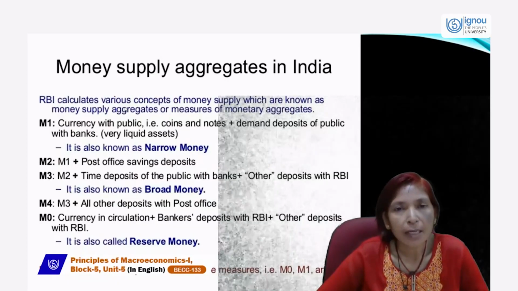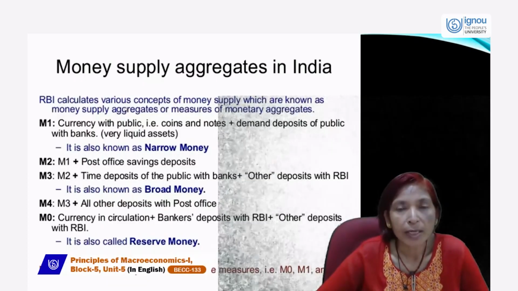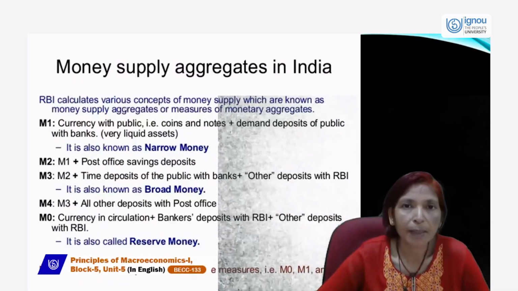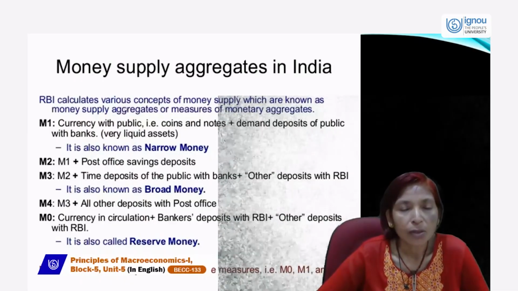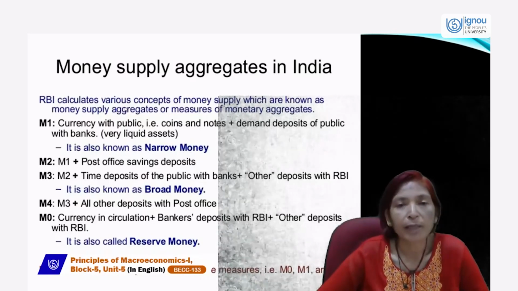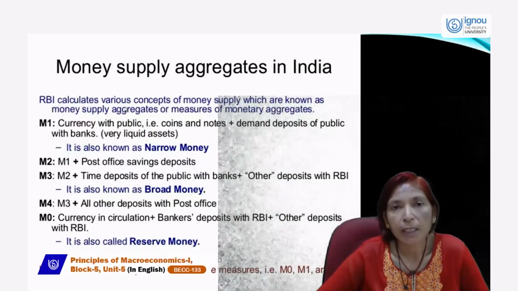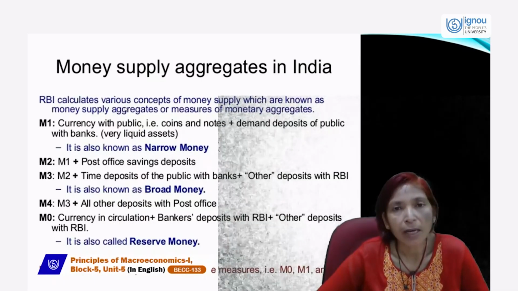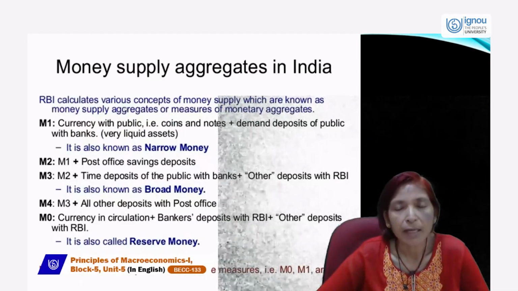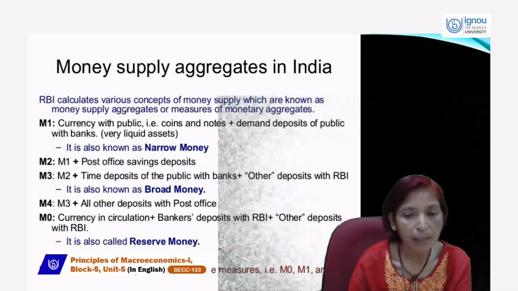It's a very less liquid measure of money supply. That's why M4 is not a very good measure of money supply. M1 gives a narrow definition of money supply. That's why M1 is also not a very good measure. M3 is the best measure of money supply, which can generate multiple money with the help of existing money, because it includes M1 and time deposits, and it gives a broader definition of money supply also.